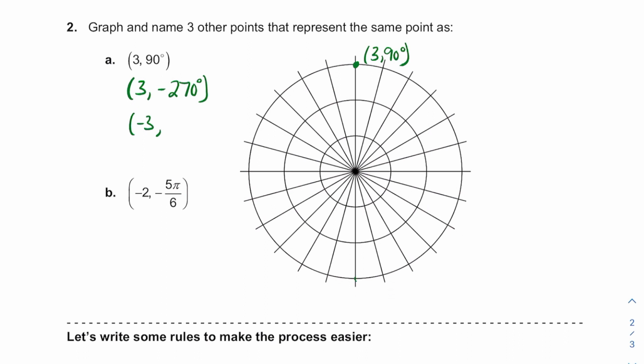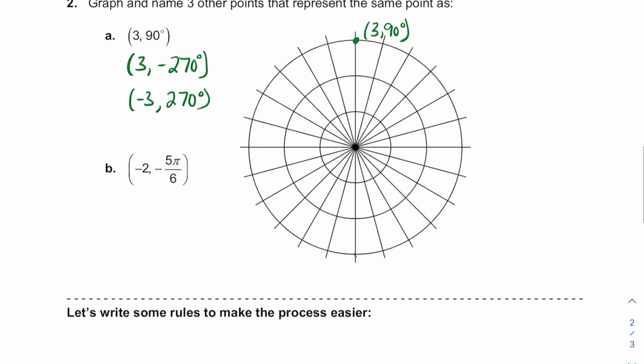That's right here where the red dot is, and this is 270 degrees. So if I'm at (-3, 270), that's here, and then to make it positive, we flip, and that lands us in the same spot. So (-3, 270 degrees) is another option for this same point.